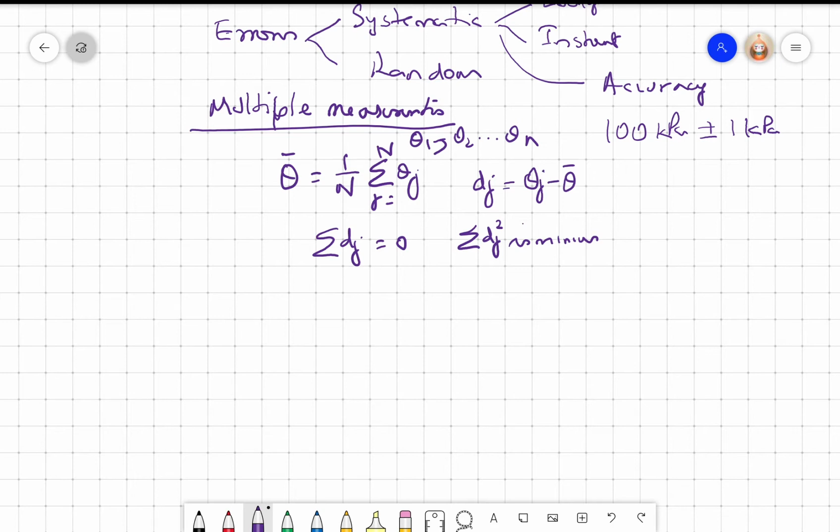When you have a large number of measurements, we saw that we can plot the actual measured value, right? Let's say this is theta, and the number of times that particular value has occurred. Many times it's not possible to take each value and plot. So what we do is we take intervals. Let's say 90 to 90.1, 90.1 to 90.2, 90.2 to 90.3.